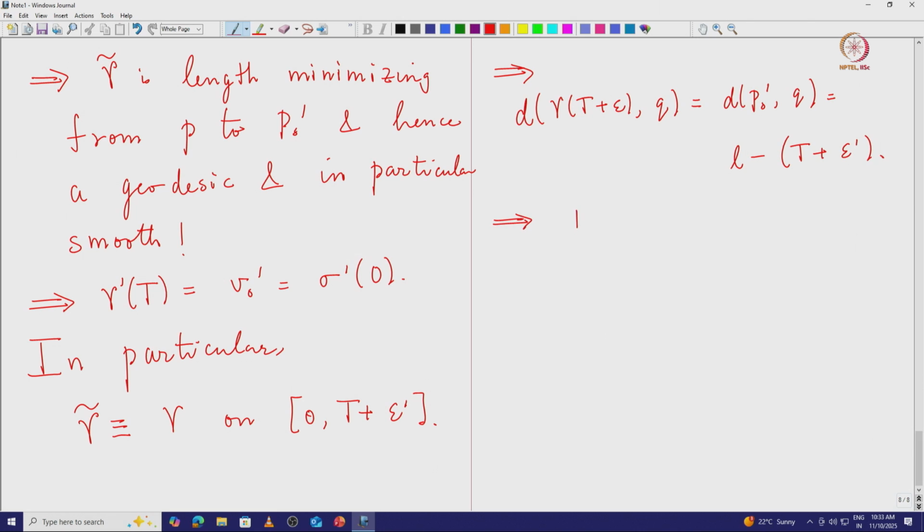So this implies that t plus epsilon prime belongs to I, which is a contradiction, because capital T was the supremum of all the times that belong to I. So this would be a contradiction unless capital T is actually equal to L, and we are done. Okay. So this completes the proof of this key property, and hence it completes the proof of Hopf-Rinow.